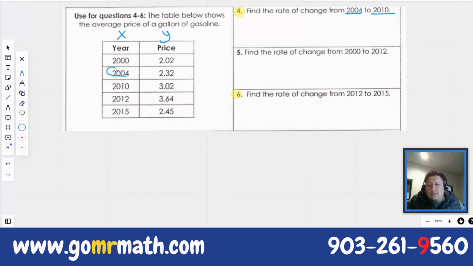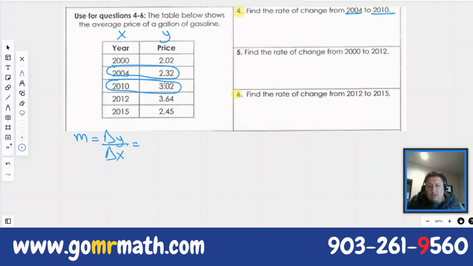Take a clear look here that it's not changing just 1 year. It's actually 6 years that it is changing. So this rate of change is basically how much it changed in each one of those 6 years. Again, we're going to treat this as the slope, the change on y divided by the change on x.